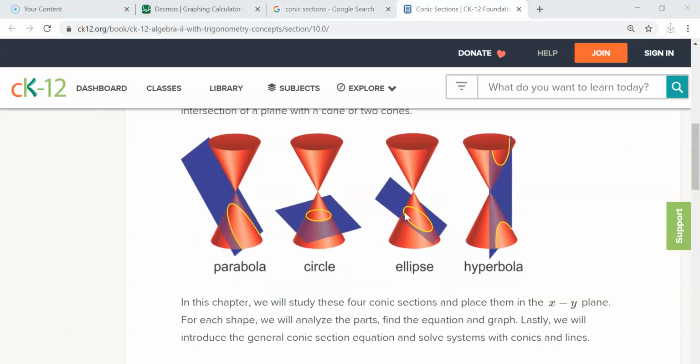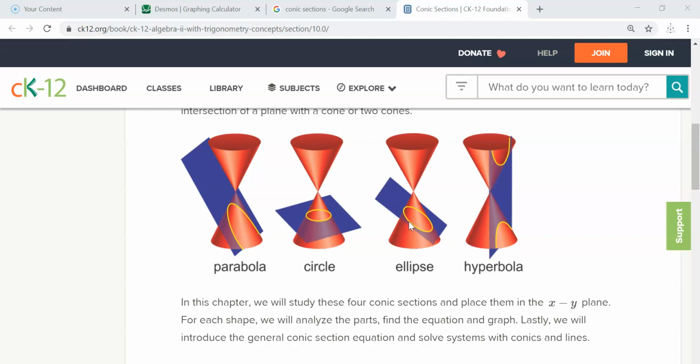Now, one thing to add, there are some conic sections that are sort of unique that our book goes through that we're not going to be dealing with. These are what happens when the plane goes through this point right here of the cone. So if you move the circle up to where that plane hits this point, you just get a point as your conic section.